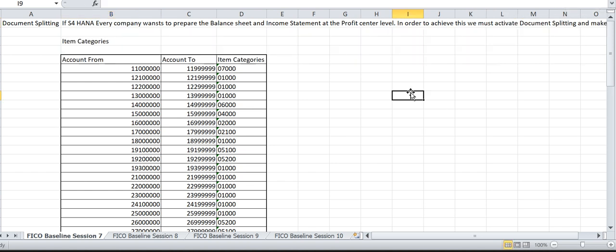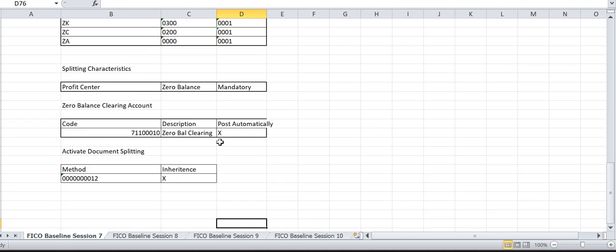While activating it, we must make sure that the document splitting characteristic is our profit center, and by doing this, we will ensure that the profit center becomes mandatory in every transaction.